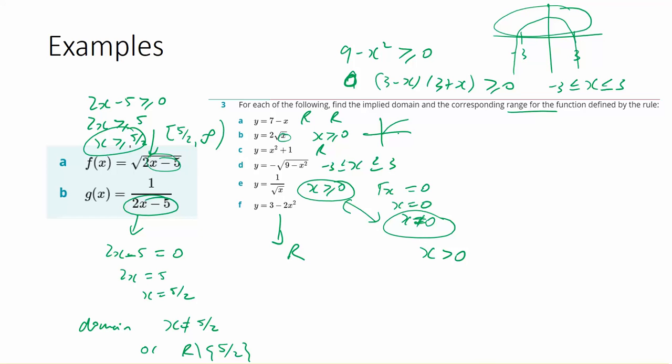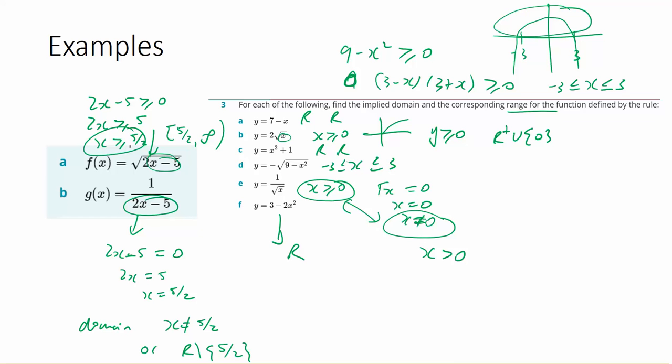So 2 root x, the range for that would be real positives including 0. You could write y is greater than or equal to 0, or real positives including 0. Okay, the range for this would be reals.